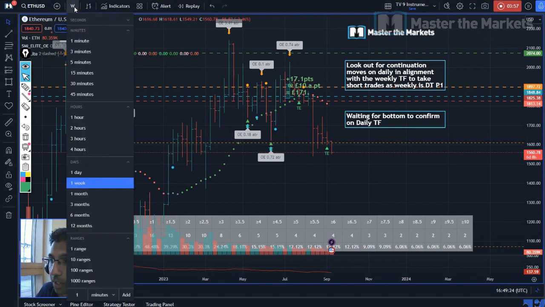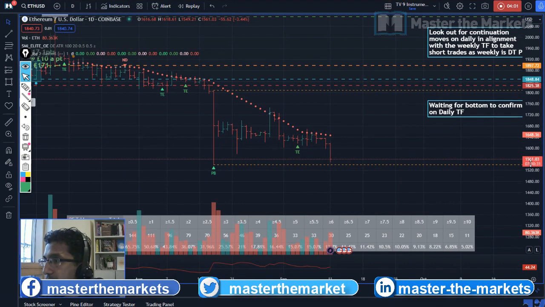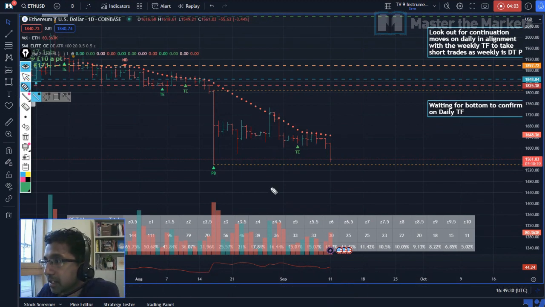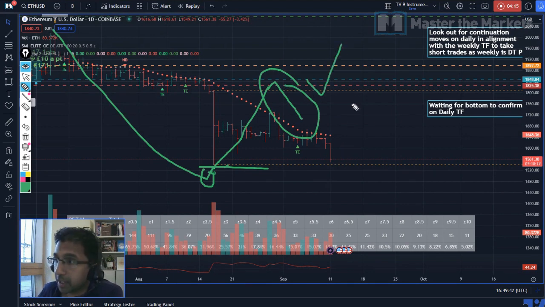So let me tell you what I really mean by that. Because we're looking at only downtrend moves, what we are really looking at is for this bottom to confirm. So if you take a look in terms of cycles, I want this to confirm first, and then that turning point where it comes back into phase 1, that's the move that I want to take, because then it's in alignment with the trend, which currently is downtrend.